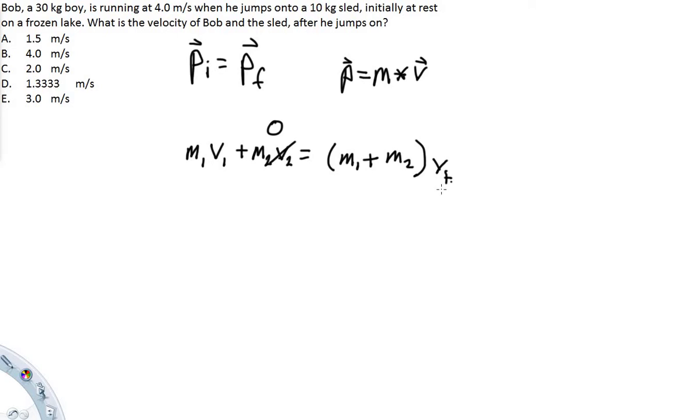So now what we want to solve for is the final velocity of Bob plus the sled. So what we're going to do is divide by the mass of Bob plus the mass of the sled.